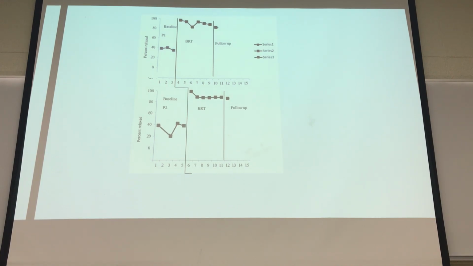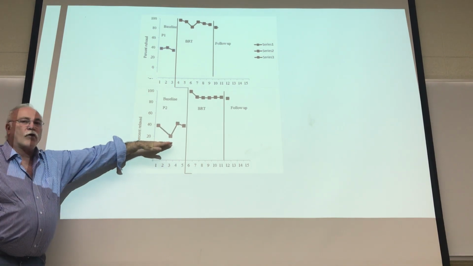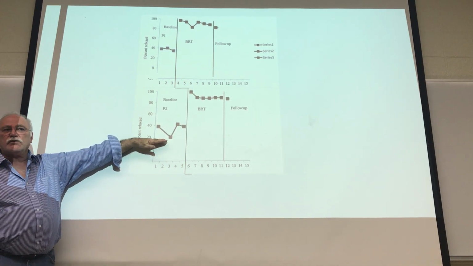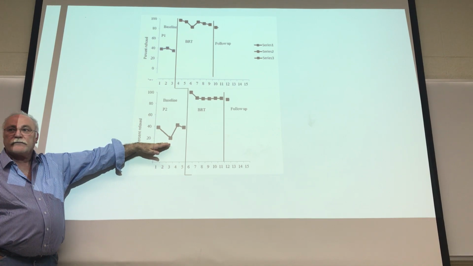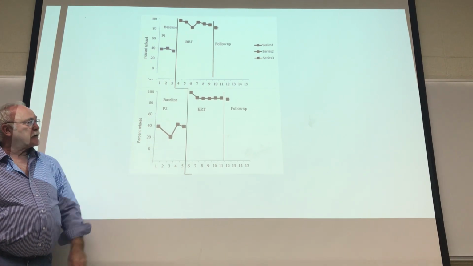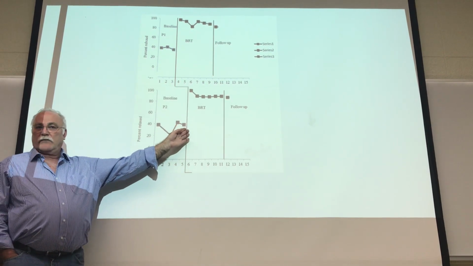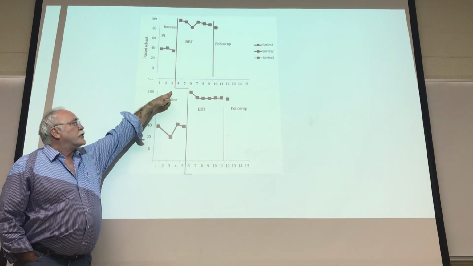And if we compare baseline to BRT, what do we see? Huge improvement in percent relaxed. But the performance of participant 2, who's still in baseline, doesn't change. We manipulate the independent variable for participant 2 a little bit later.